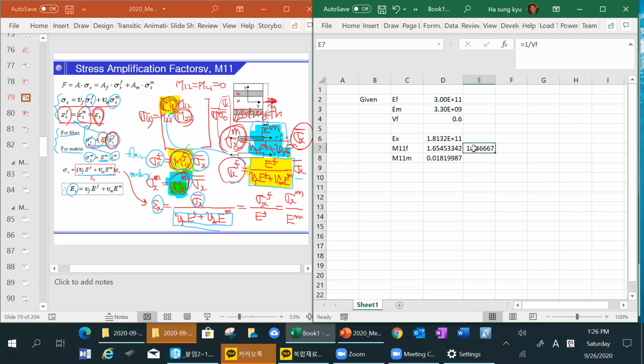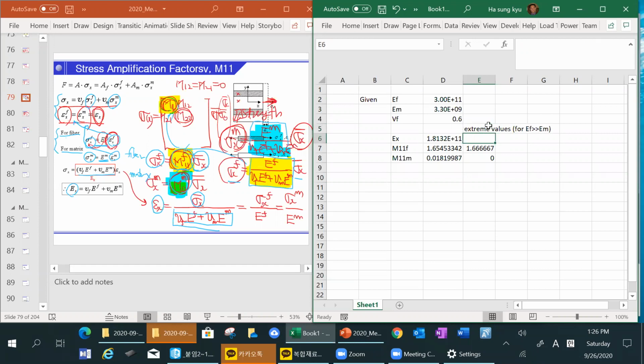And when VM gets smaller and smaller, this will be very close to 0. This is the extreme value for EF much bigger than EM.